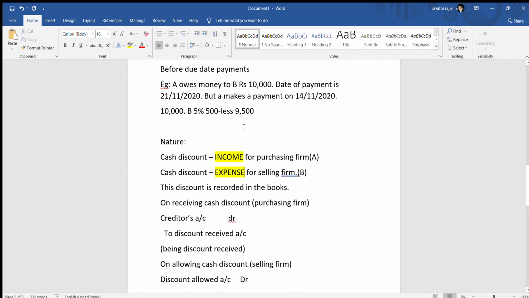Why is the seller letting go? Why is he incurring extra expense? Because if people come to know that if I'm paying on time I don't have to pay the full amount, it will encourage other people to pay before time.